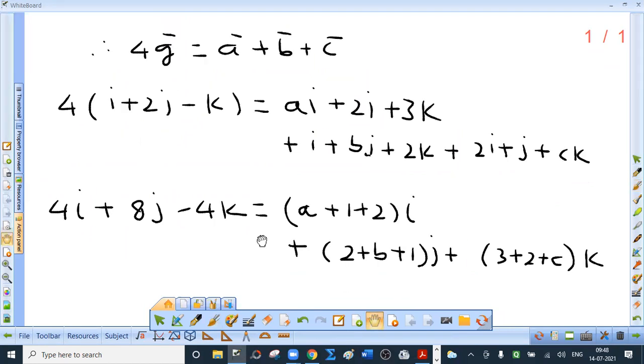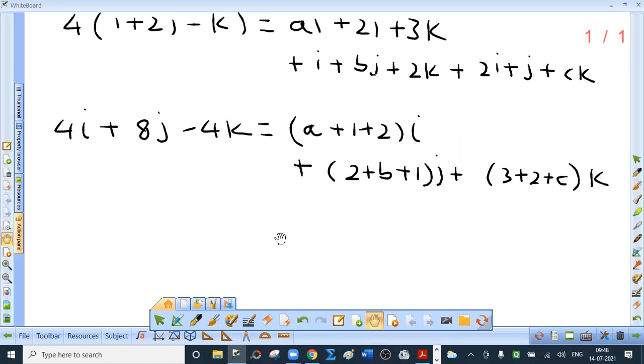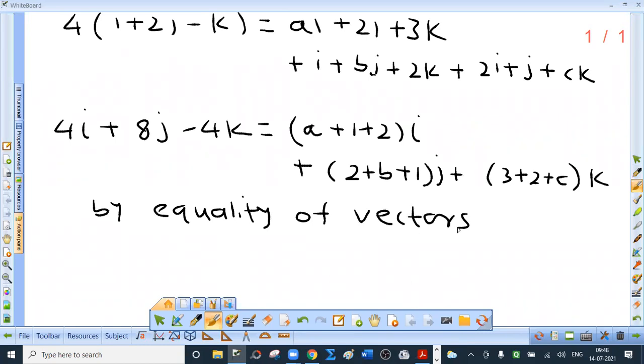After this, you may say by equality of vectors or equating rectangular components. Same thing. By equality of vectors, because we have seen that this representation is unique. By equality of vectors, a plus 1 plus 2 is 4.